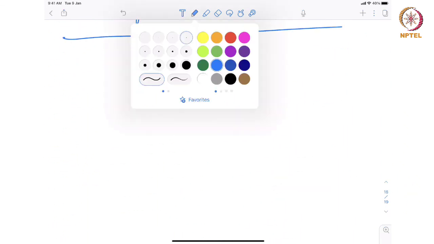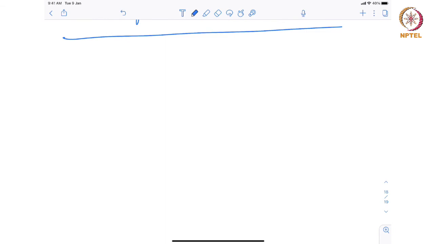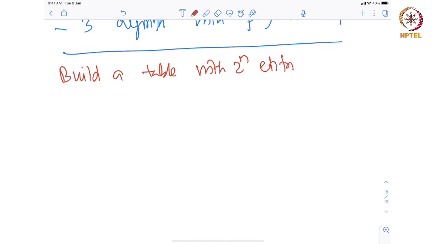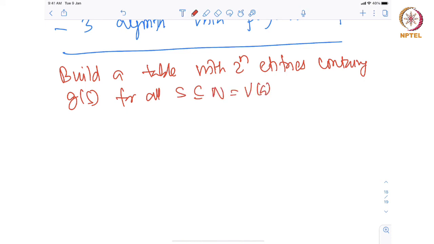So rather than doing this, before even running this algorithm, we will build a table with 2 power n entries containing G of S for all S subset of V of G. Okay, and to build such a thing, I can build a recurrence, right?